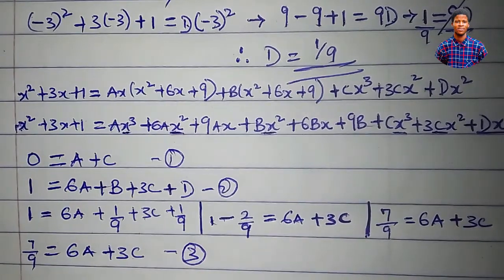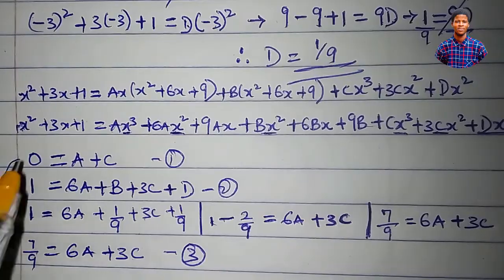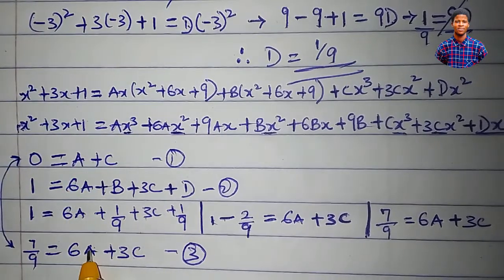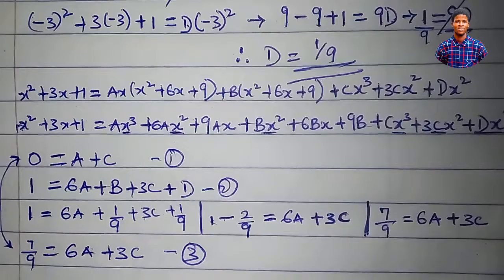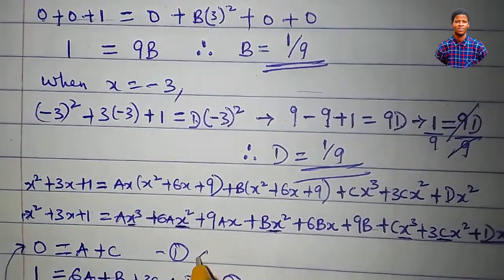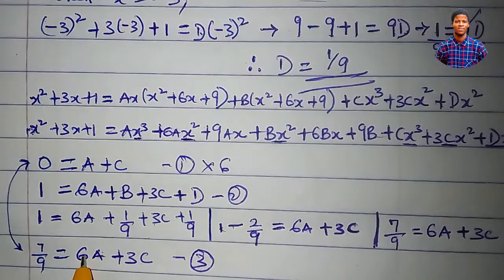So I can easily work with equation 1 and equation 3 now because they have a and c. I'm working with these two equations now. It's a simultaneous equation. Now, to eliminate a, for example, I will have to multiply this equation 1 by 6 because 6 is the coefficient of a here.